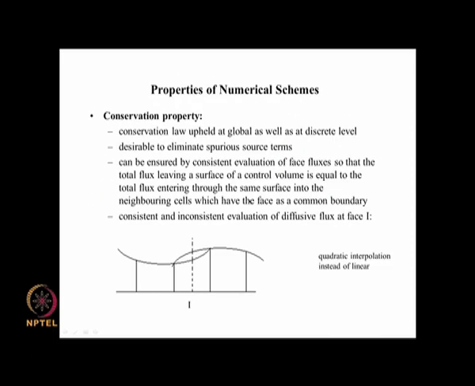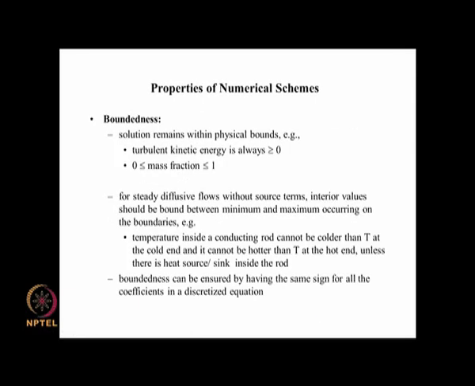So, those are the kind of things that may arise here, and also we have a well known condition, that for steady diffusive flows without source terms, interior values should be bounded between the minimum and maximum values occurring on the boundaries. Okay. For example, temperature inside a conducting rod cannot be colder than the temperature at the cold end, and it cannot be hotter than the temperature at the hot end, unless you have some heat source or heat sink inside the rod.